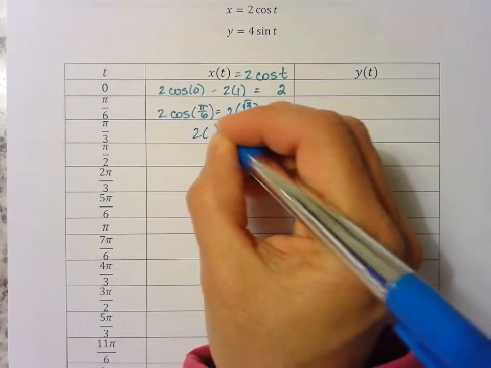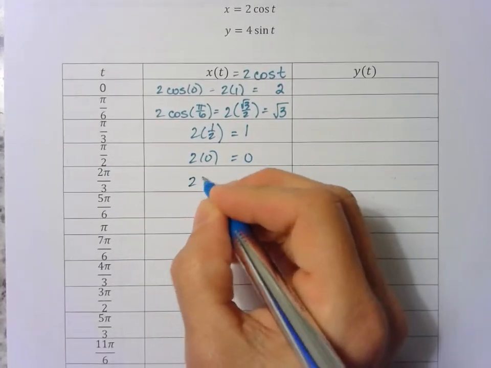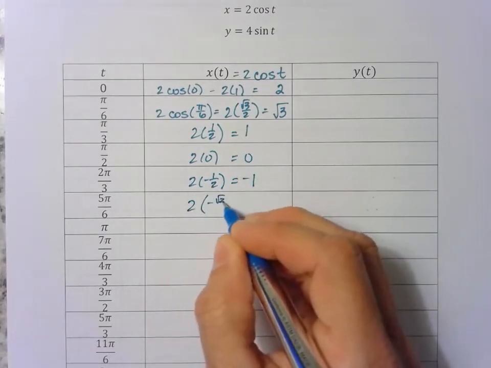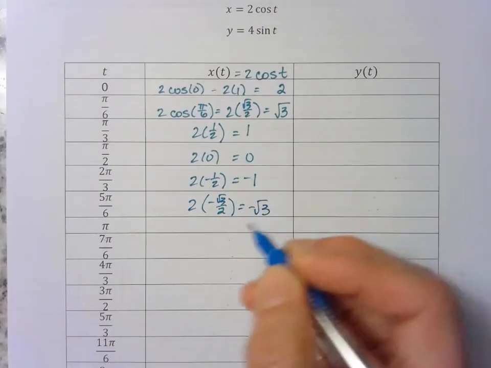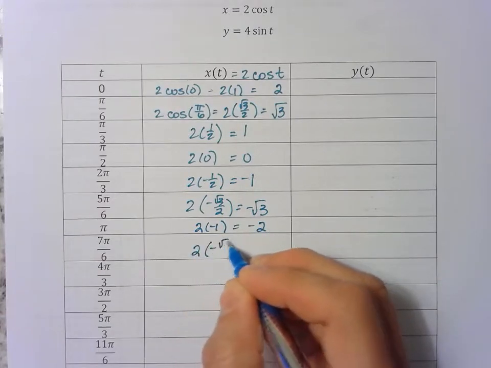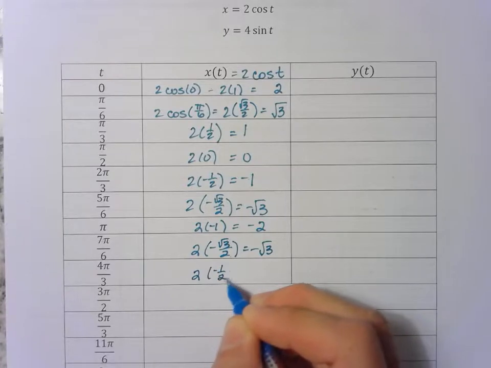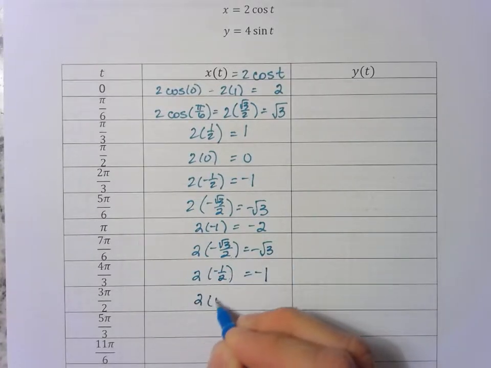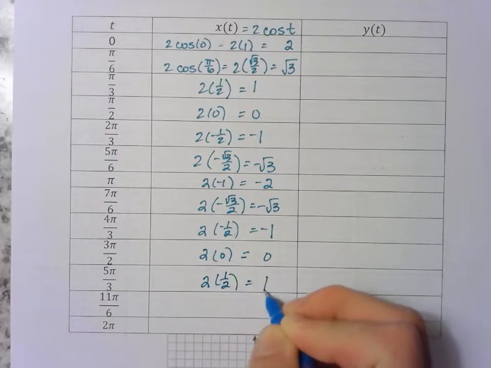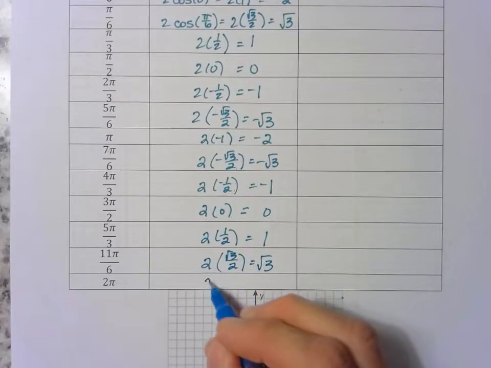This is going to be 2 times 1/2, 2 times 0, 2 times negative 1/2, 2 times the negative square root of 3 over 2, 2 times negative 1, 2 times negative square root of 3 over 2, 2 times negative 1/2, 2 times 0, 2 times 1/2, 2 times the square root of 3 over 2, and 2 times 1.